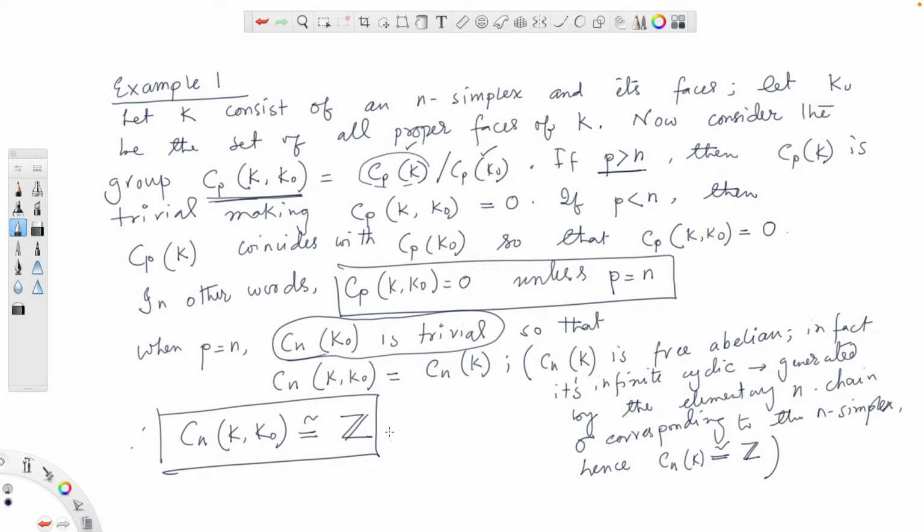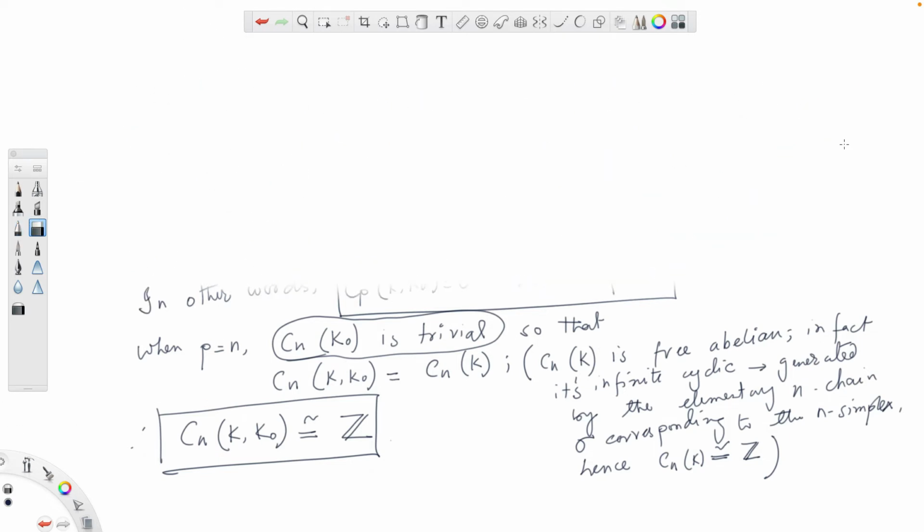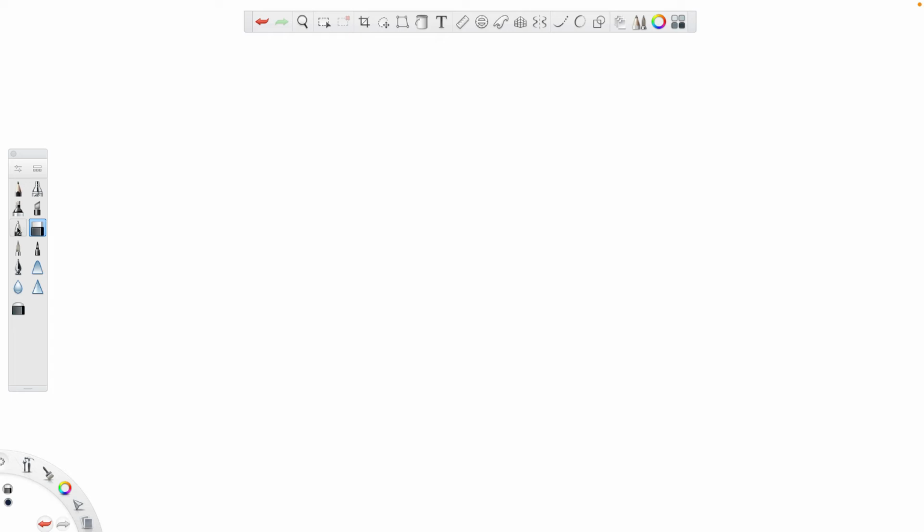Now, since C sub p of K comma K0 is equal to 0 for all p not equal to n, one has this sequence. 0 goes to C sub n of K comma K0, right?